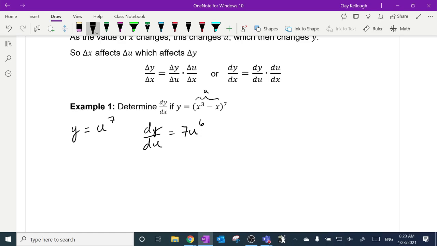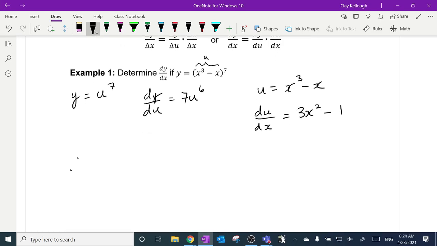And I know that u is what I defined it as, x cubed minus x. So du by dx, that's a u, not a y, is equal to the derivative of this, which is 3x squared minus 1.